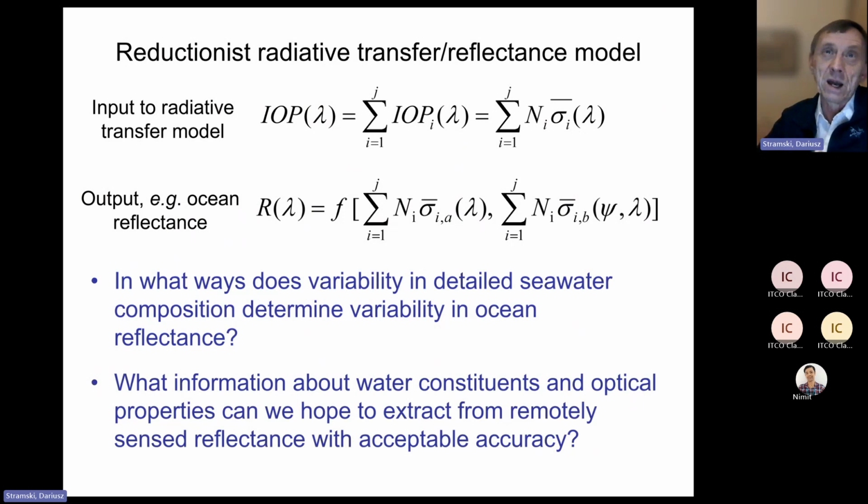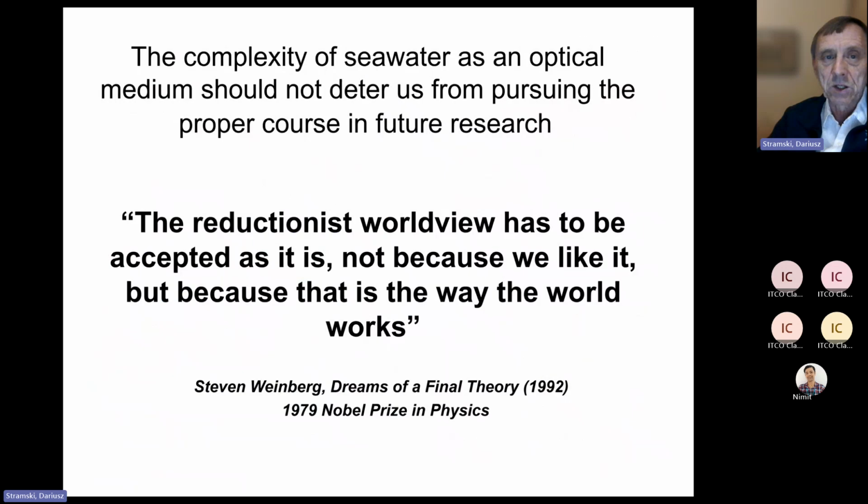If we know single particle properties and concentration for each type of particle, we can create a mix of these particles, run the radiative transfer model, and answer the questions: in what ways does variability in detailed seawater composition determine variability in ocean reflectance? Or what information about water constituents and optical properties can we hope to extract reliably and accurately from remotely sensed reflectance? And the last slide.